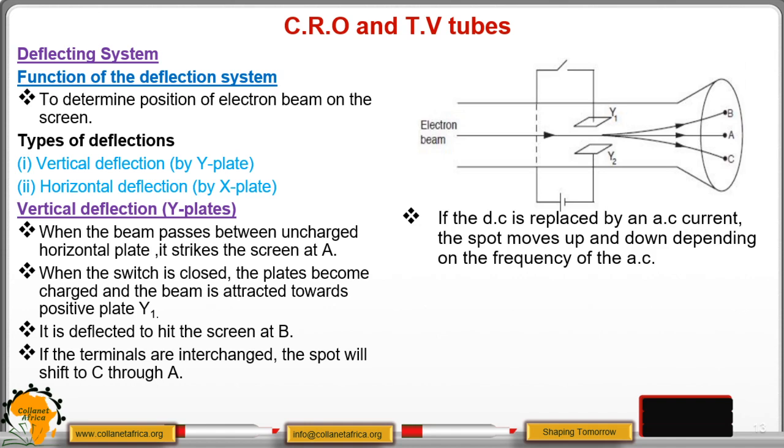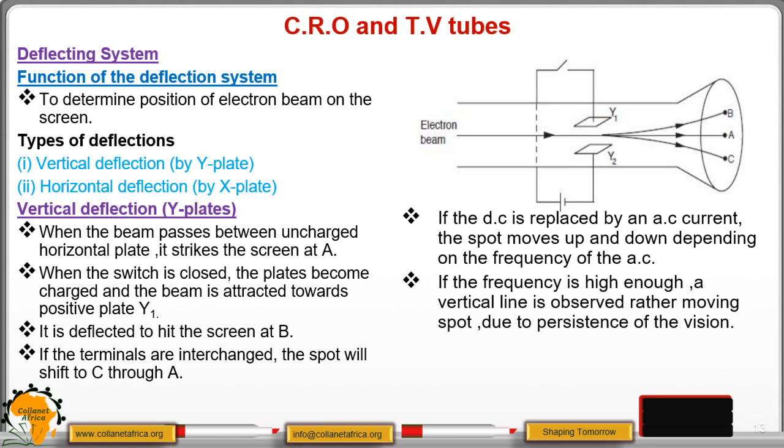Then if the DC is replaced by an AC current, remember DC is directional, it moves from the positive to the negative. But AC is alternating current, it reverses its direction within seconds. So if we replace this DC with an AC current, the spot moves up and down, it oscillates depending on the frequency of the AC.